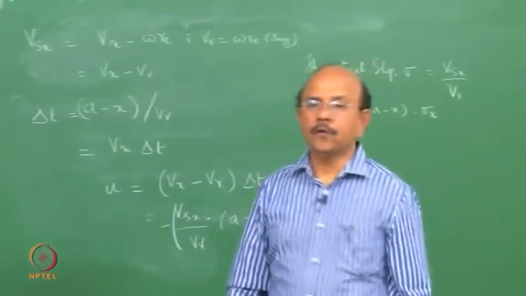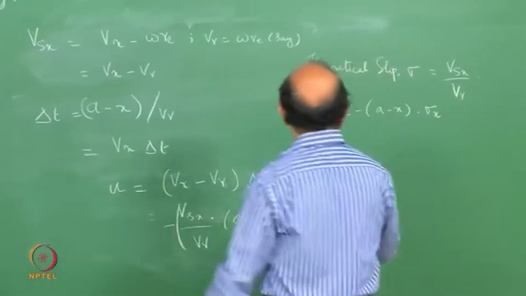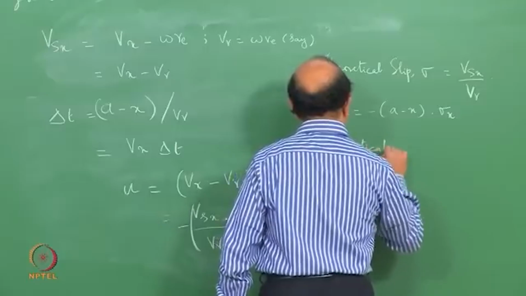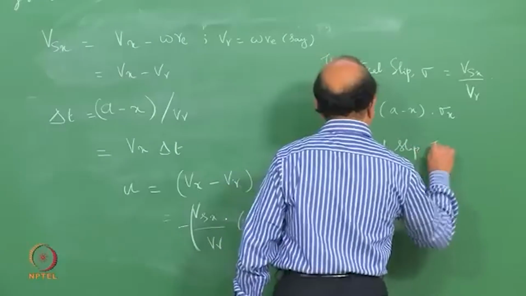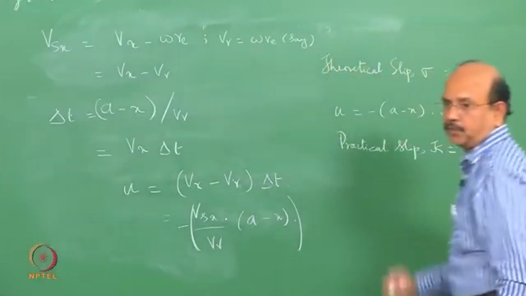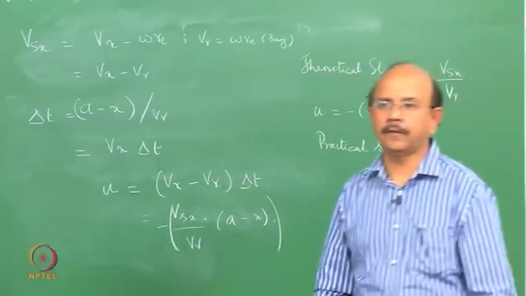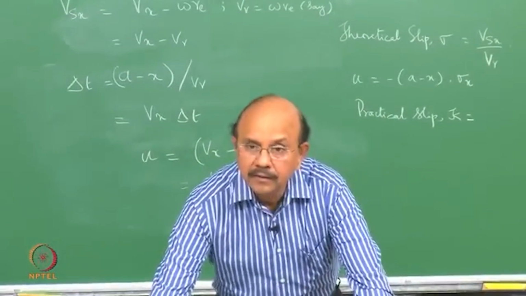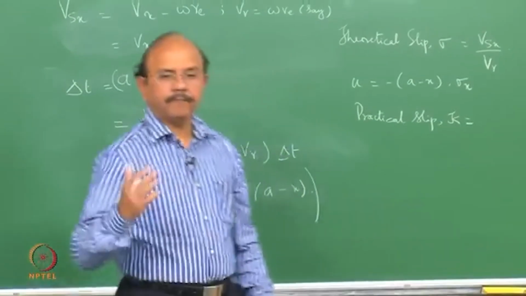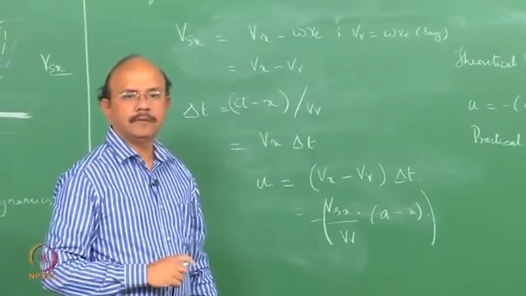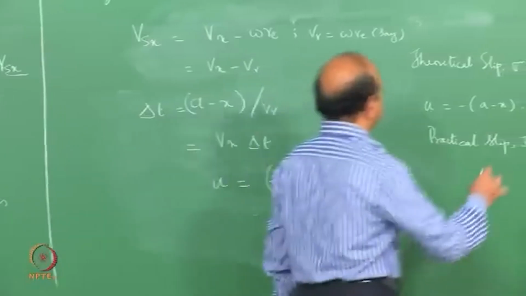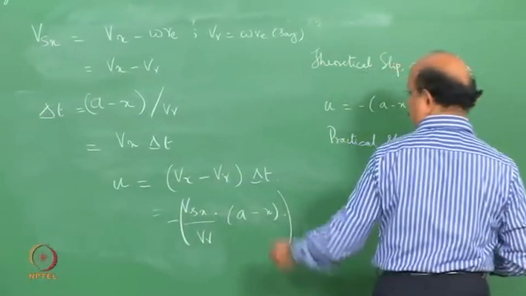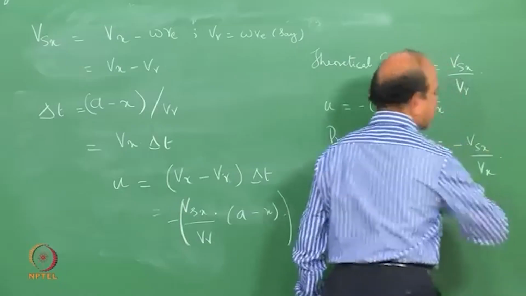We also define a quantity called practical slip, kappa, which is used by the industry. Usually people in the tire industry talk about kappa, which is what we would call the practical slip, given by minus Vsx divided by Vx.